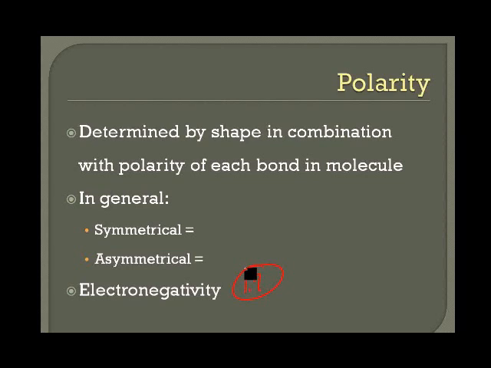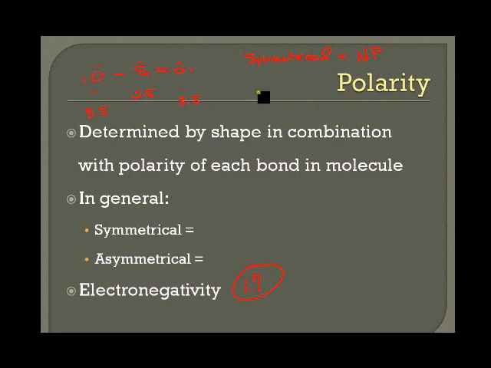If we look at sulfur dioxide, oxygen has an electronegativity of 3.5, and sulfur has an electronegativity of 2.5. Now, this is a symmetrical molecule, so that would lead us to believe it is nonpolar.